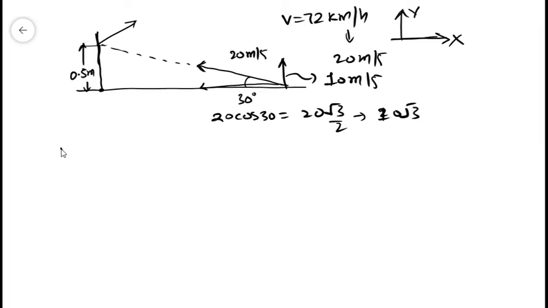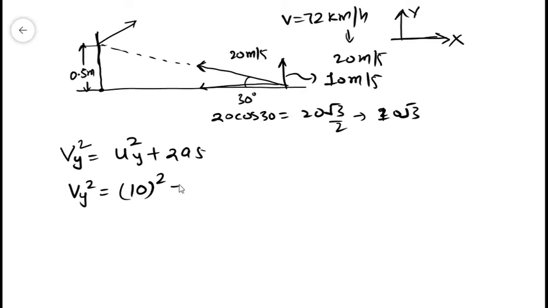Y component will simply be given by vy square is equal to uy square plus 2as, and we need vy, so vy square will be equal to uy is what, 10 square plus 2 into acceleration due to gravity is minus 10 into s is 0.5.